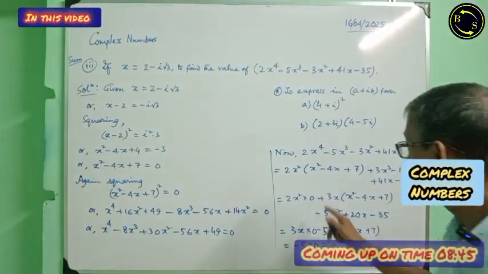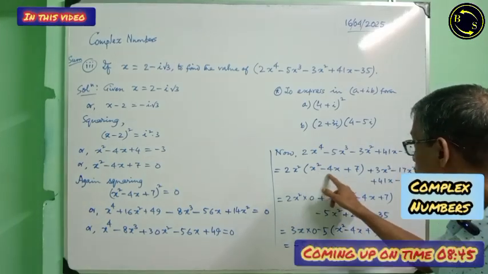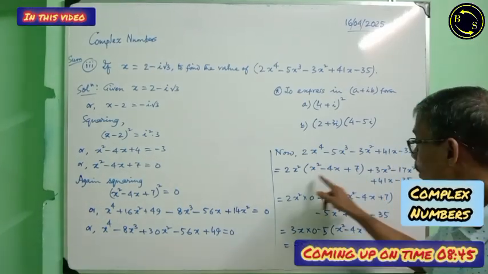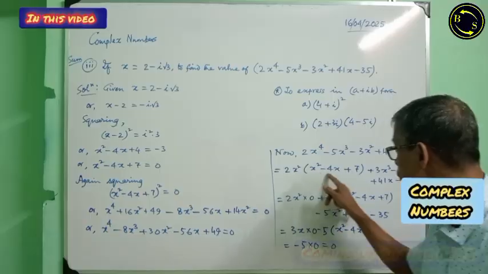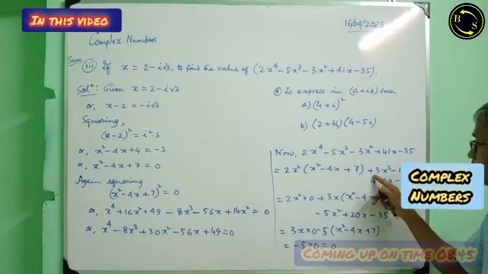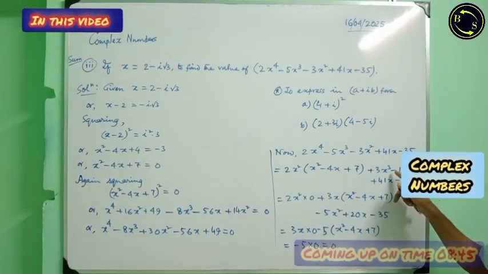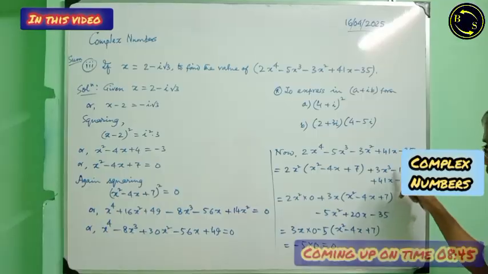The value of this expression, that means value of this one is 0. Then 2x square into this one. Now we adjust by adding, subtracting these terms.